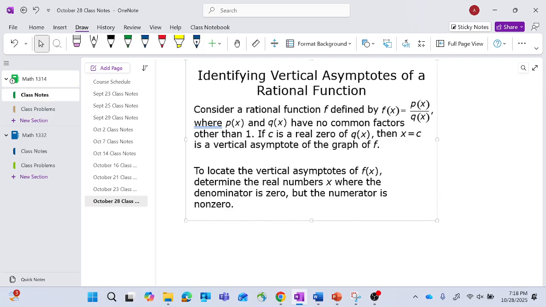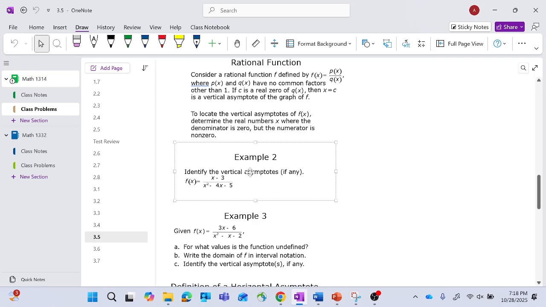Any questions here, guys? Are we okay? We're going to do horizontal in a bit. So we're going to find some vertical asymptotes.